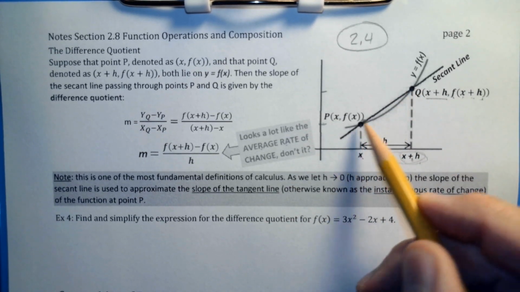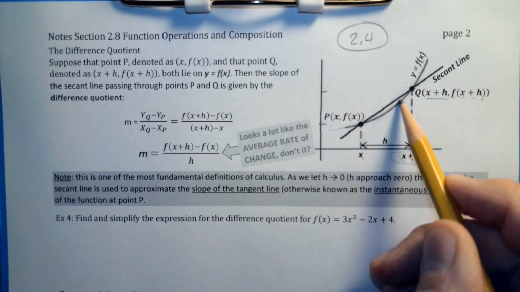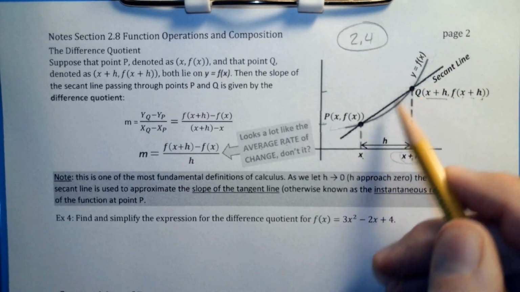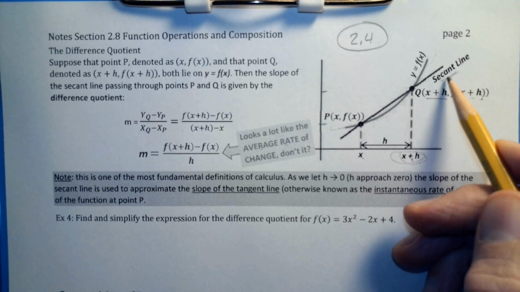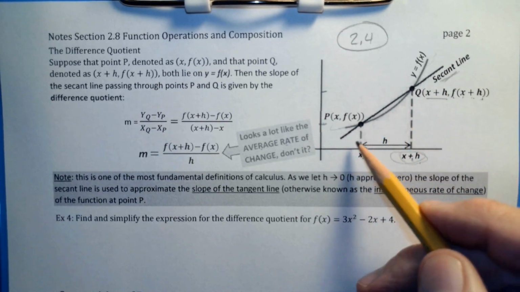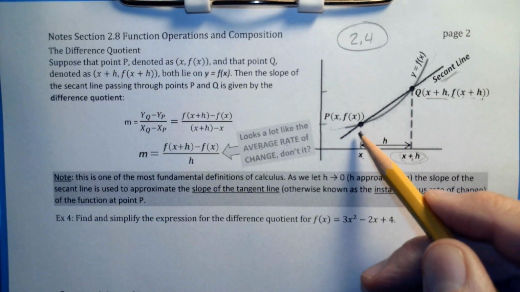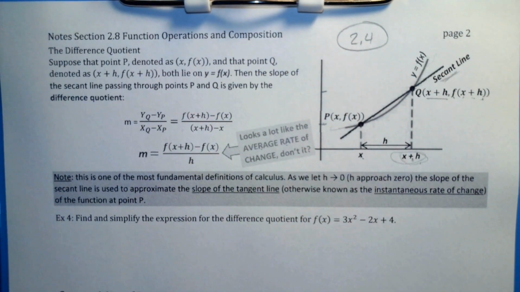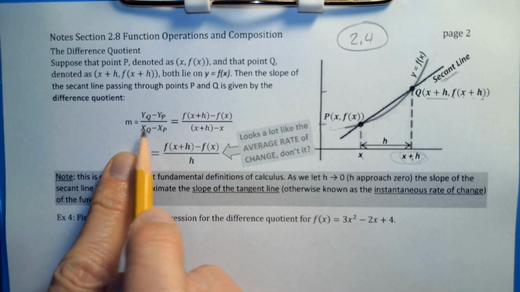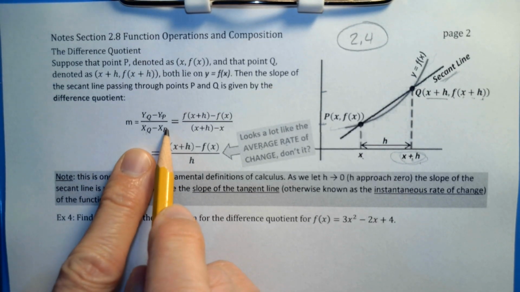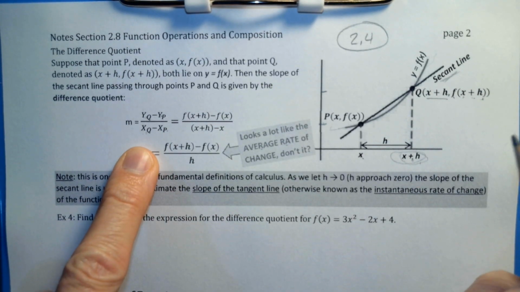All right, so if we think about this curve going through this, and we're just picking 2 points and drawing a line, we call it the secant line because it touches the curve at 2 spots, and then we're just looking for the average rate of change. So the change in the 2 y values divided by the change in the 2 x values, that's just the average rate of change.